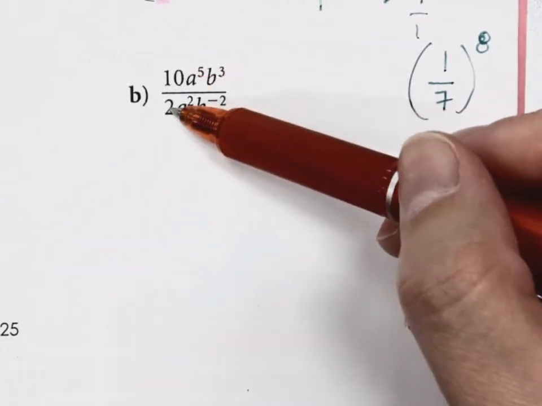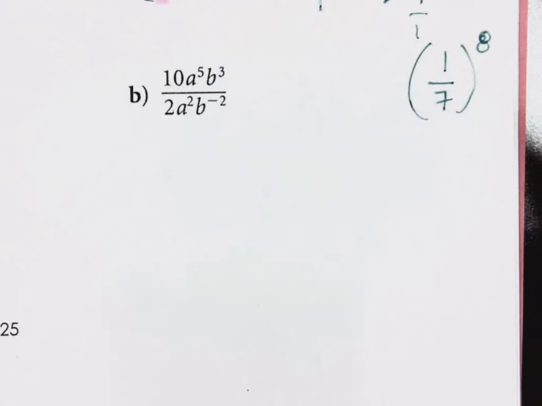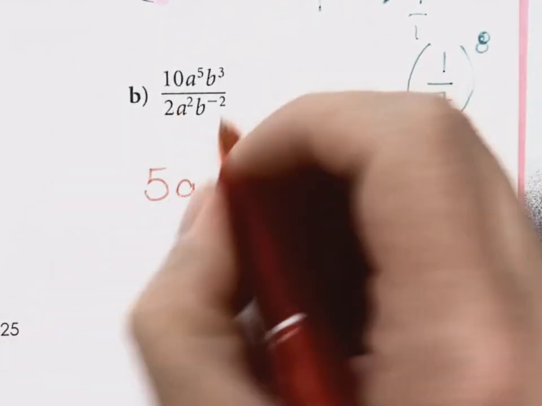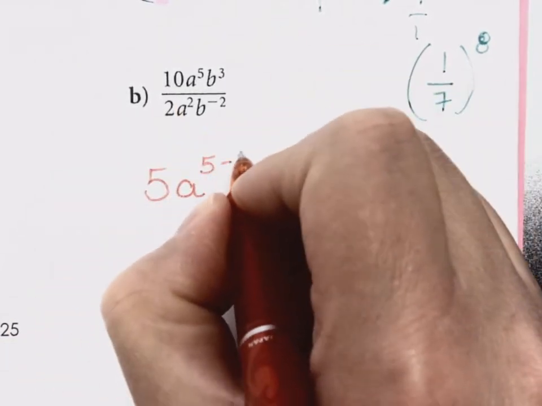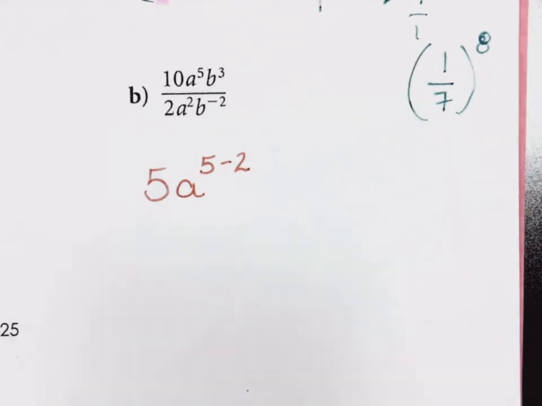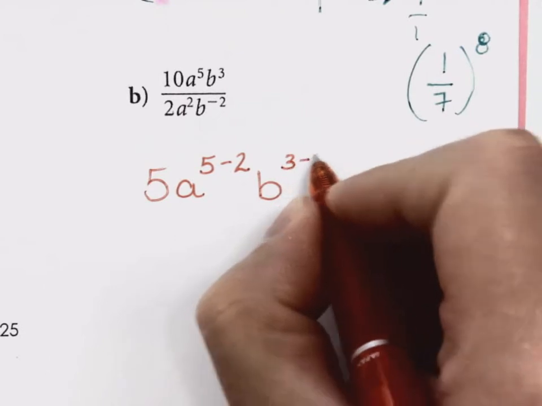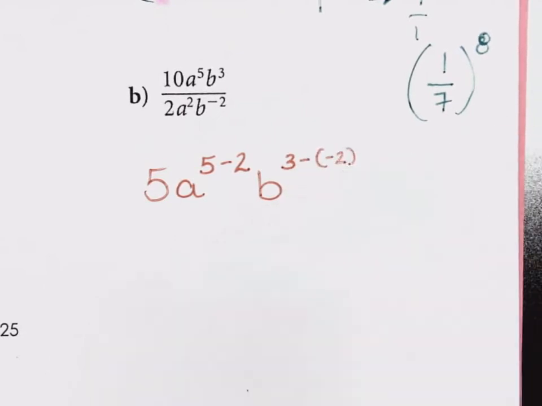Simplify. So what's 10 divided by 2? 5. And then you're going to have a to the exponent 5 minus 2 and b to the exponent 3 minus a negative 2.